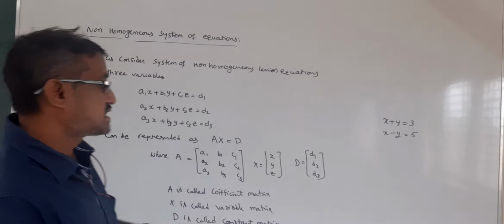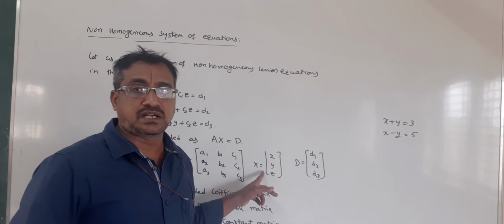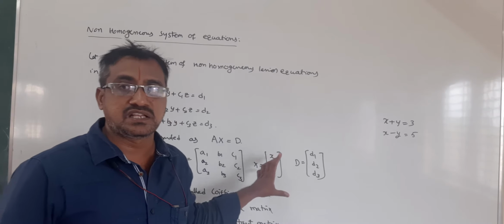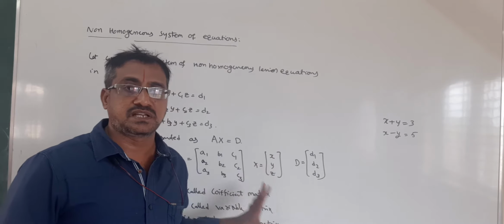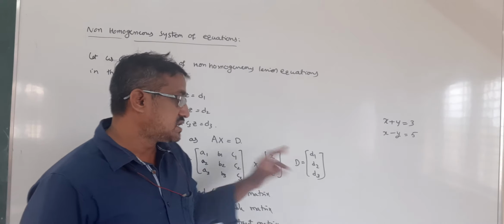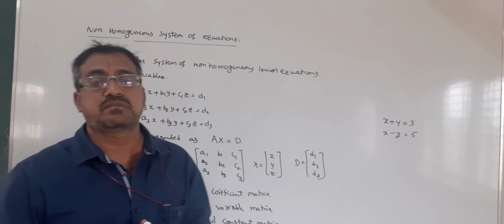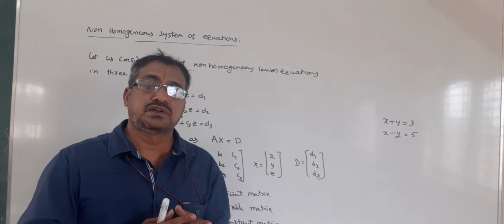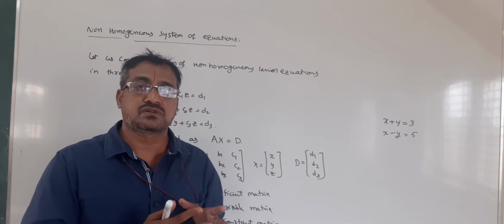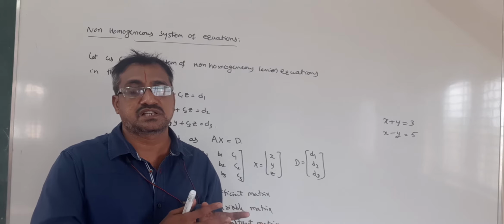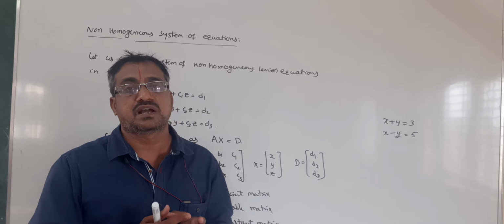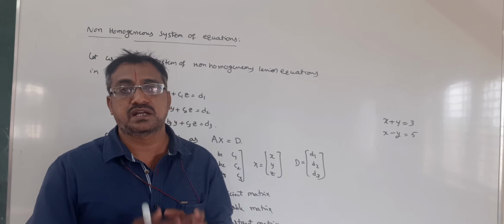And capital X is called the variable matrix. We are going to find these variable matrix x, y, z. And D is called the constant matrix. Now we are going to use different techniques to solve these equations so that we find the values of x, y and z.